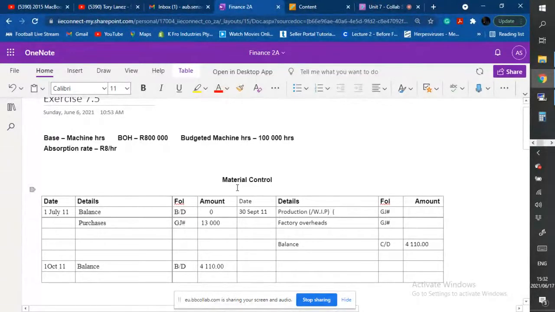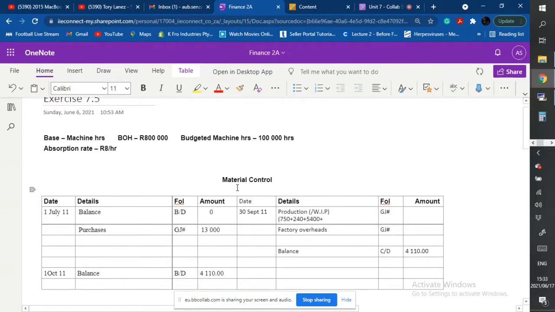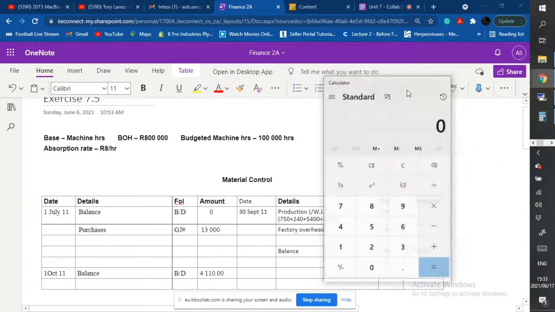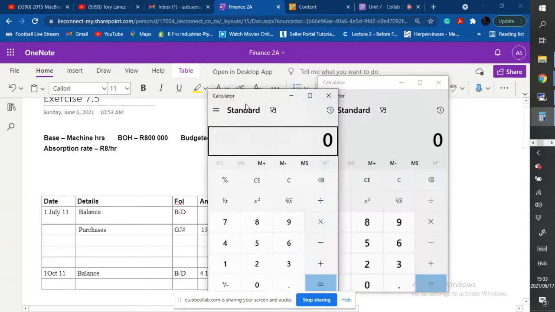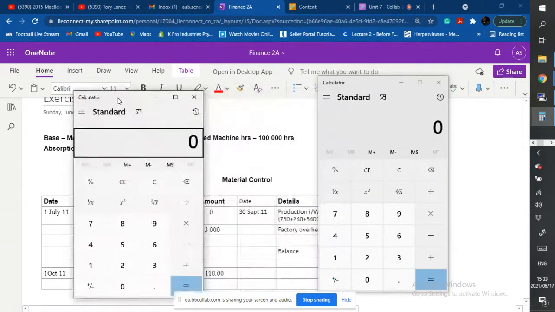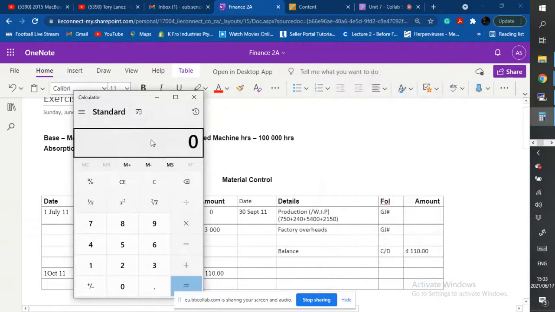So here we have 750 plus 240 plus 5,400 plus 2,150. Let's quickly see what total we get.